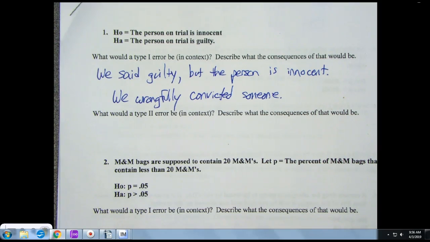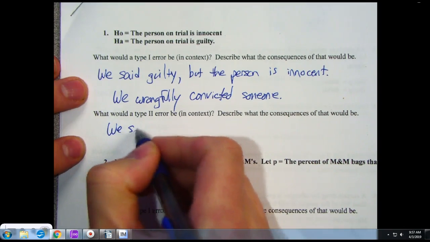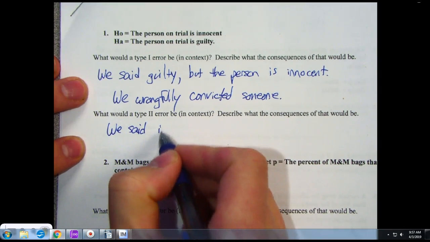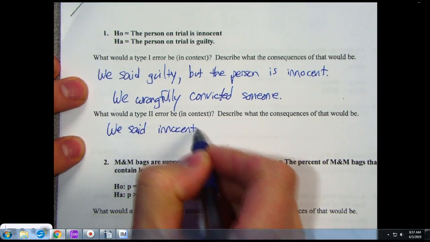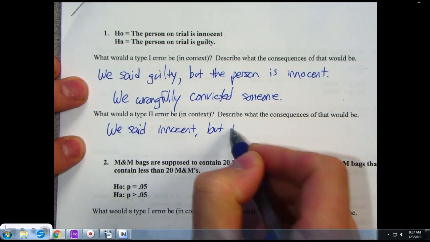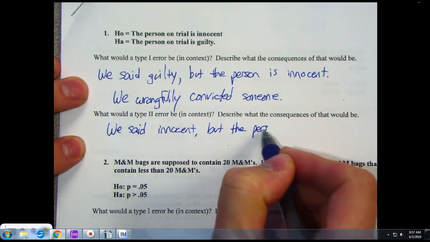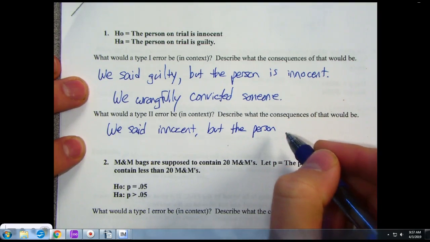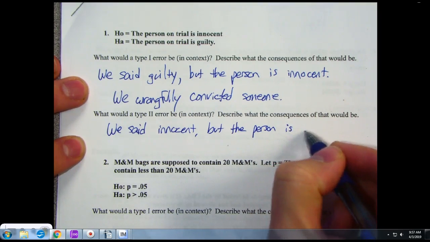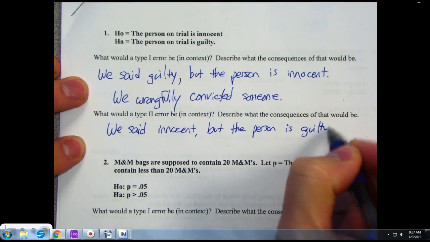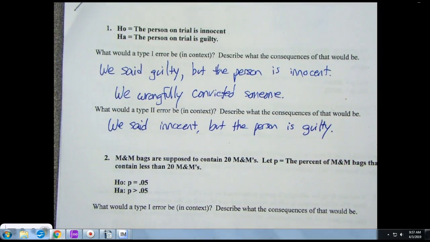So what's a type 2 error? The second is better than the first, according to our justice system.